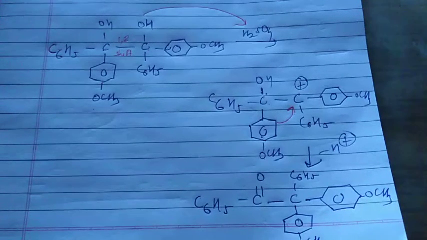This is about the pinacol rearrangement reaction. In the next lecture we will learn some stereochemical and conformational factors related to the pinacol rearrangement reaction. Thanks for watching this lecture.